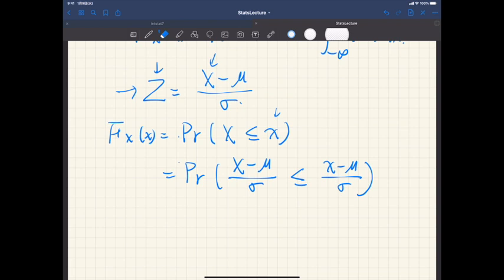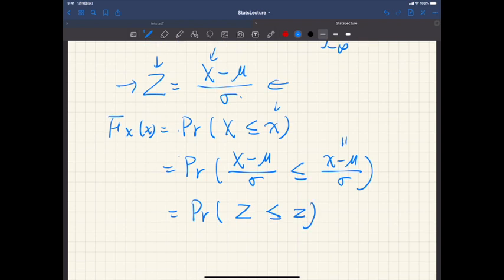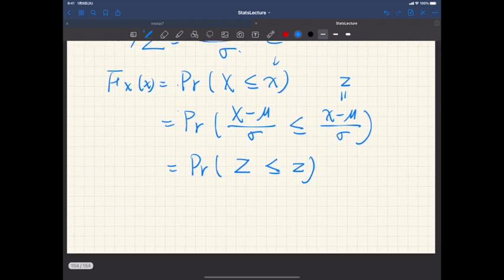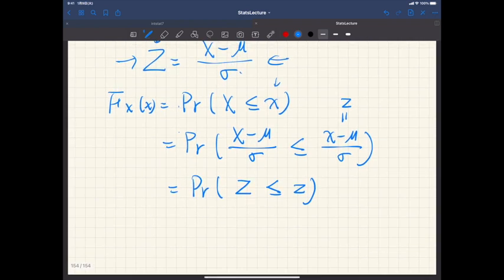But this one is just the newly defined random variable z. So we define this as z. So that is the cumulative distribution function for the standard normal distribution.